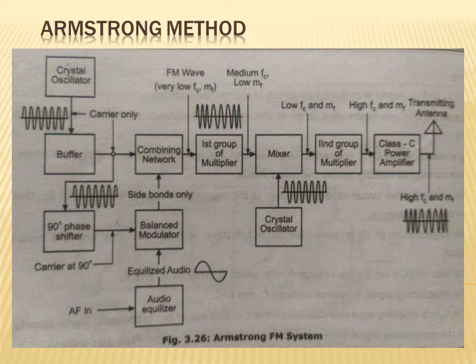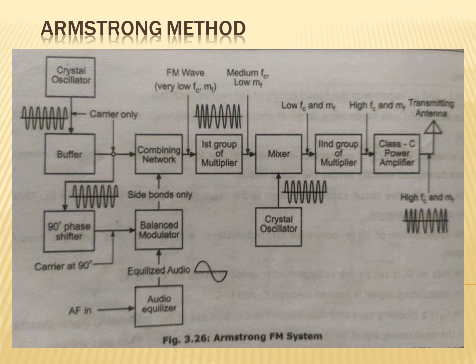These both signals are combined or mixed, and it produces the FM wave with low carrier frequency Fc and low modulation index M, and this wave is given to the first group of multiplier.